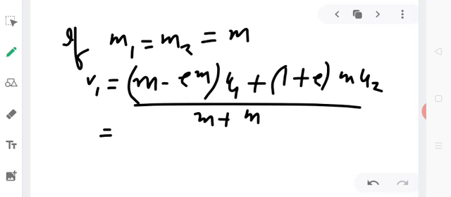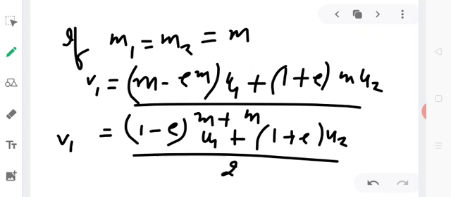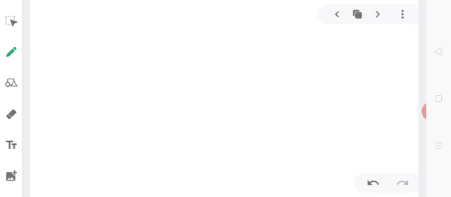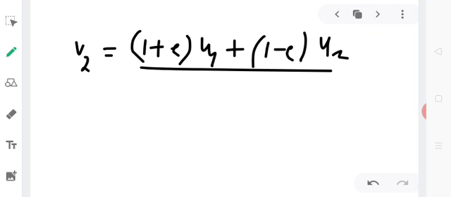So that gives us v1 equal to [(1 minus e) times u1 plus (1 plus e) times u2] divided by 2. Similarly, we can get v2 to be equal to [(1 plus e) times u1 plus (1 minus e) times u2] divided by 2.